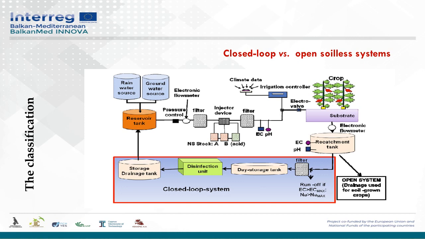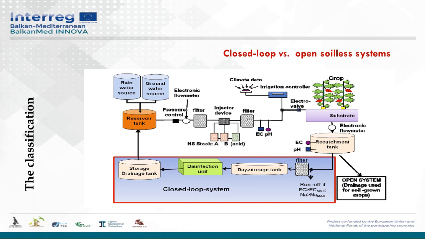The drained nutrient solution is collected in a catchment tank. Its pH and EC are measured again. And at this point starts the difference between the open soilless production system and the closed soilless production system. In the open system, you can simply let the nutrient solution get out of the catchment tank and go to the environment.